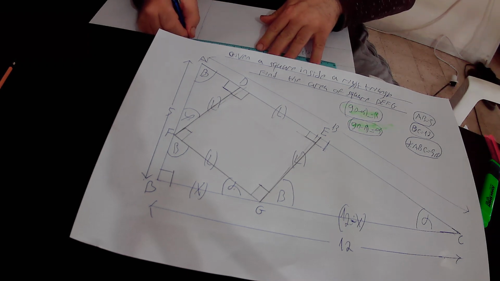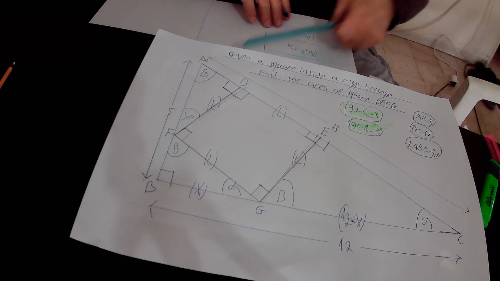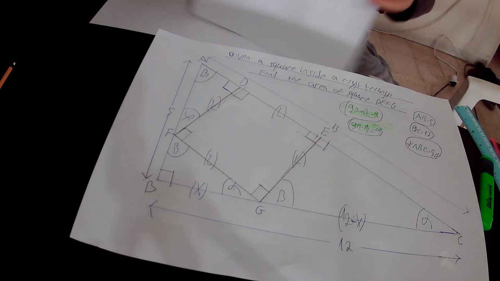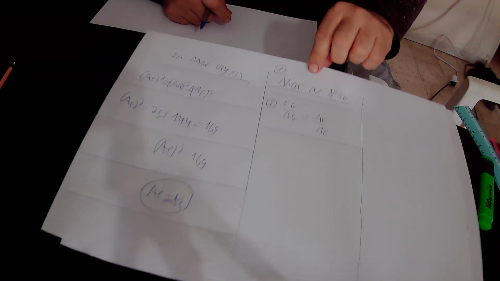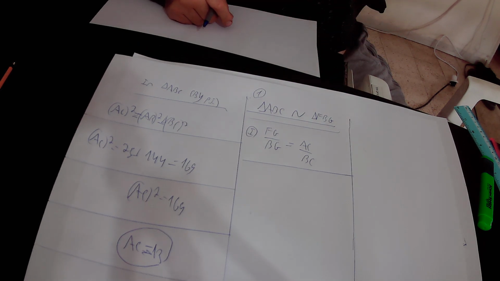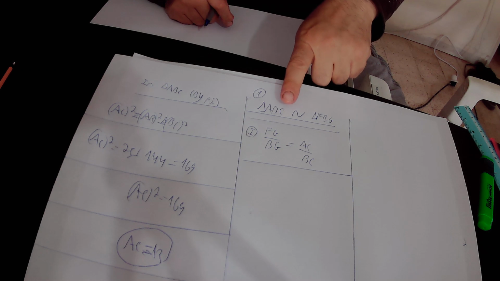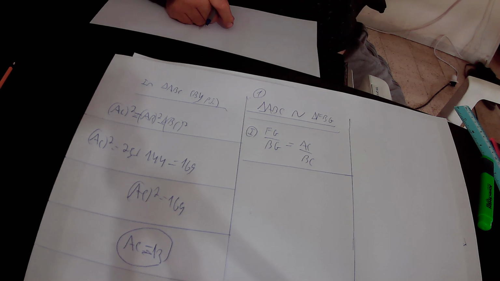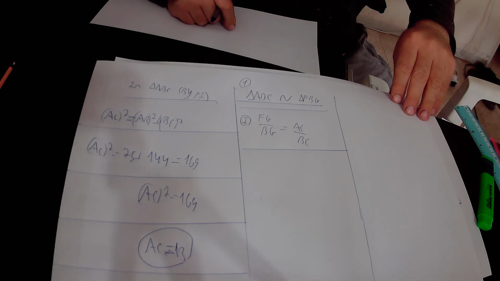Repeat again. From the fact that the right big triangle ABC is similar to the right small triangle FBG, we will derive that FG over BG in the right triangle FBG equals AC over BC in the right triangle ABC.